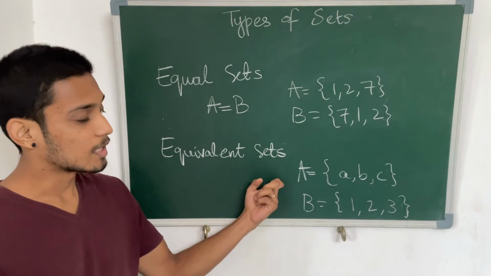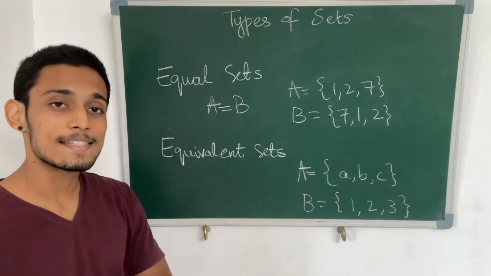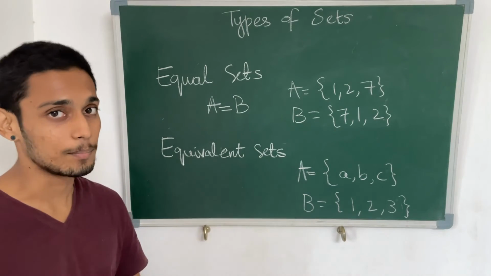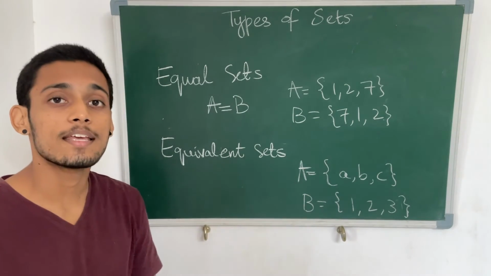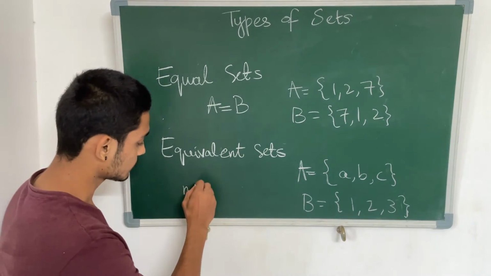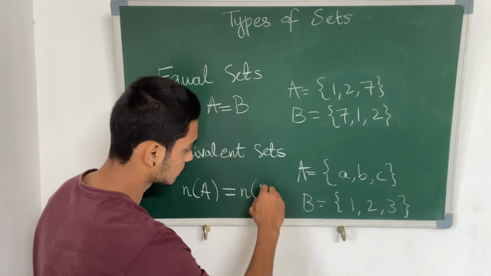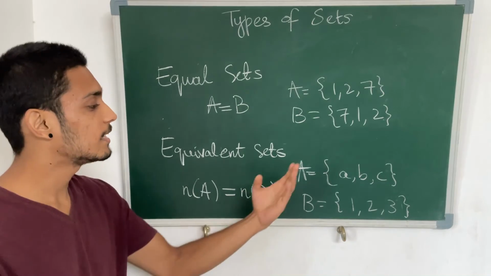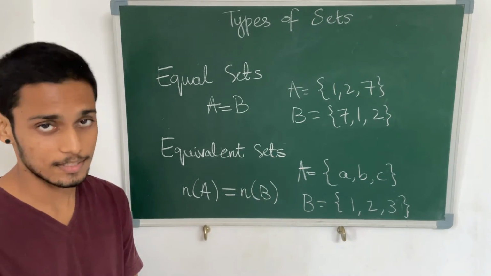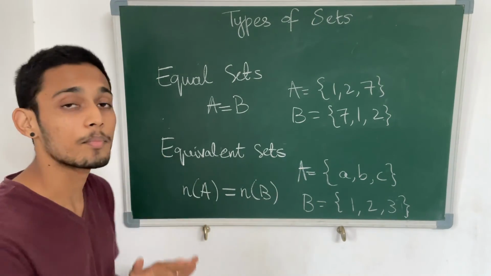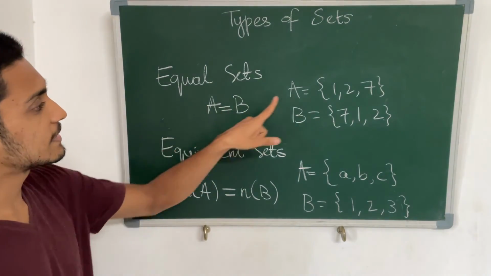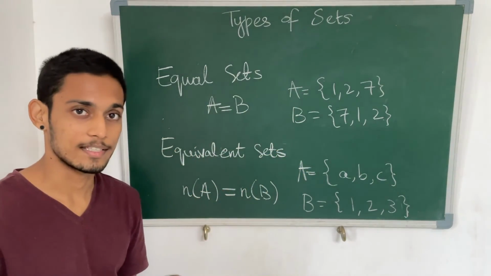Here the number of elements in A and B is the same. Both have 3 elements. So we can say that A and B are equivalent, that is, n(A) equals n(B). This condition says that these two sets are equivalent. They are not equal, they have the same number of elements in them. So these sets are equal and these sets are equivalent.